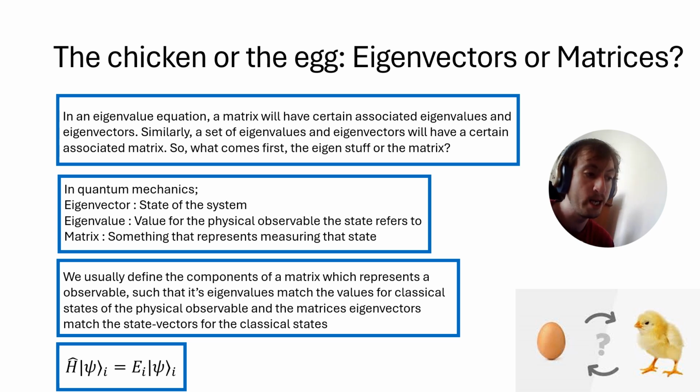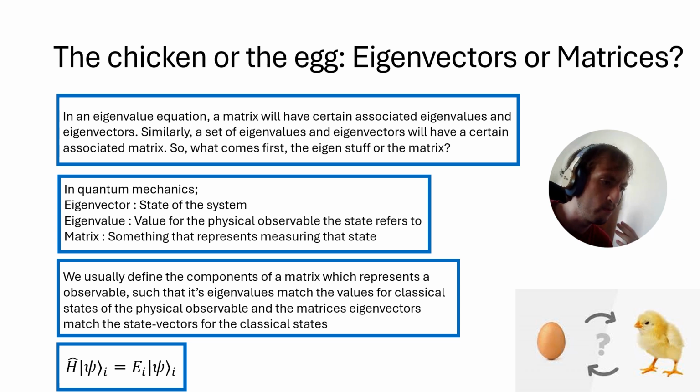And actually, if you move on to look at the matrix formulation of quantum mechanics, you'll see explicitly how we define the components of an operator that reflects a physical observable in terms of thinking about the eigenvalues and eigenvectors.